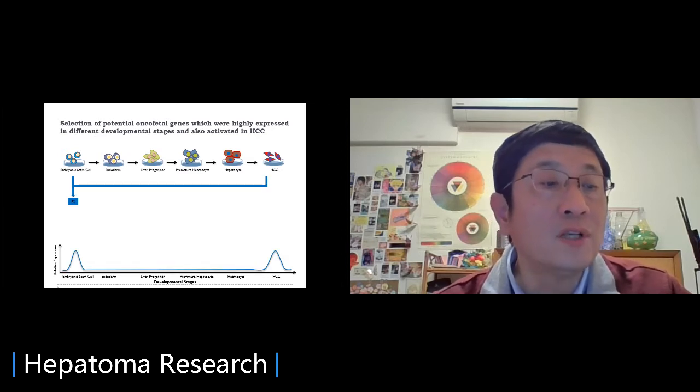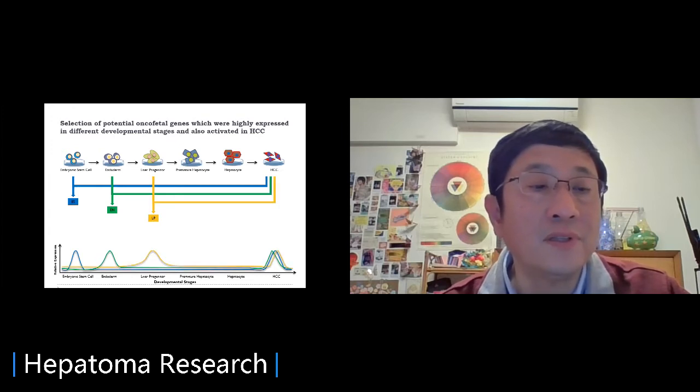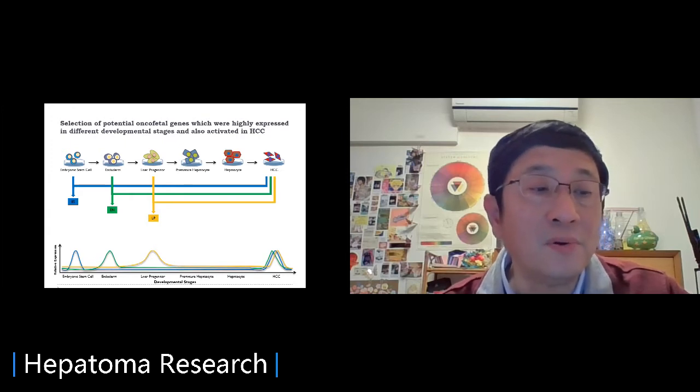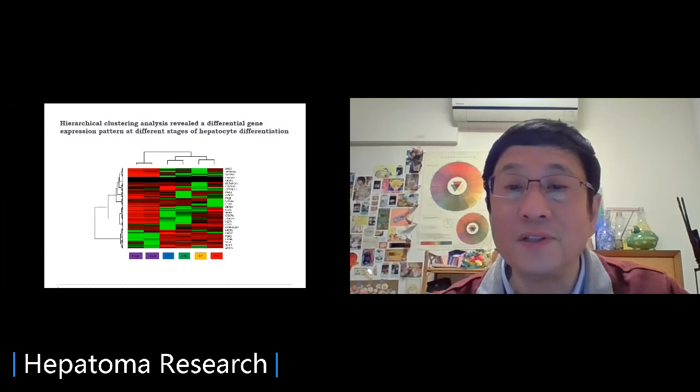Genes which reached their peak expressions at different liver development stages, and were also significantly upregulated in tumor tissue, were selected for further study.